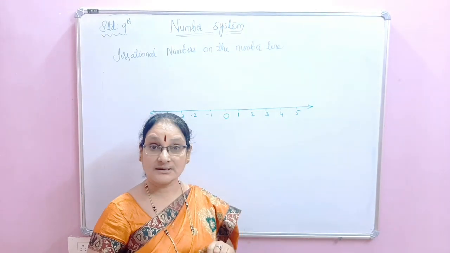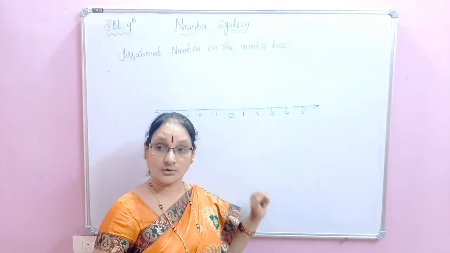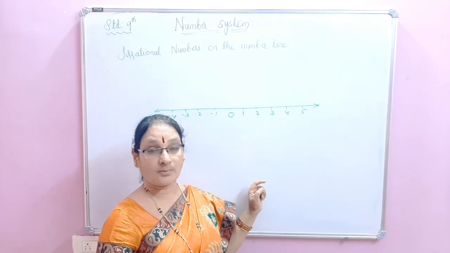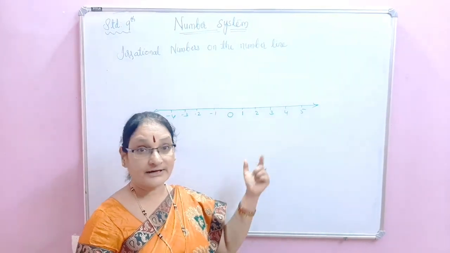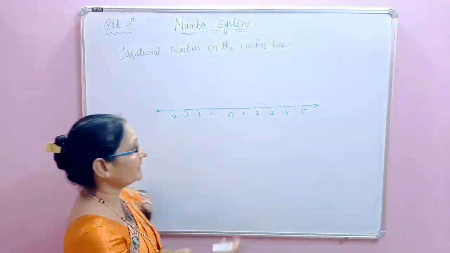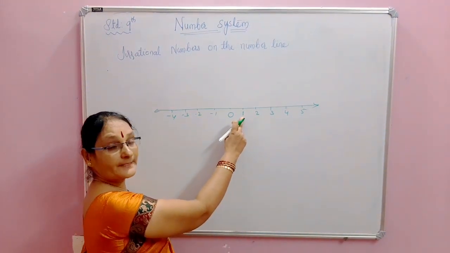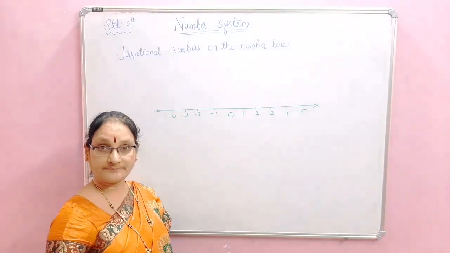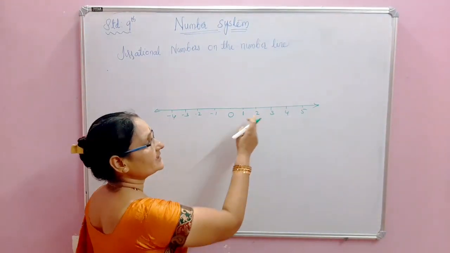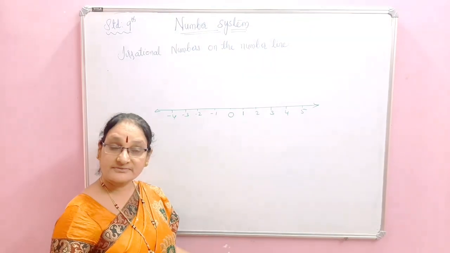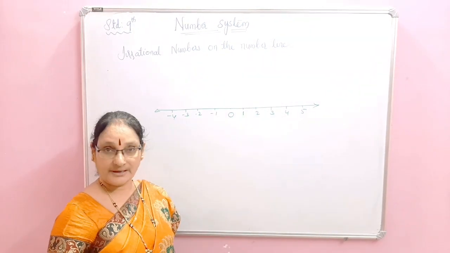What are these rational numbers? Rational numbers are those which can be expressed in the form of p by q. We have also seen how to locate them on the number line. See here, 1 is a number, we can locate it on the number line. 2 is a positive integer, yes, we can locate it on the number line.